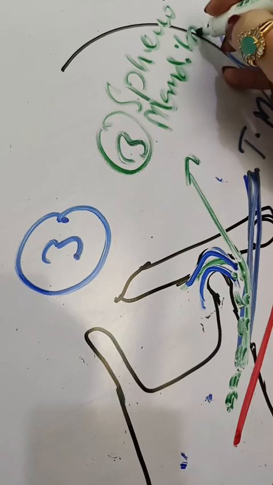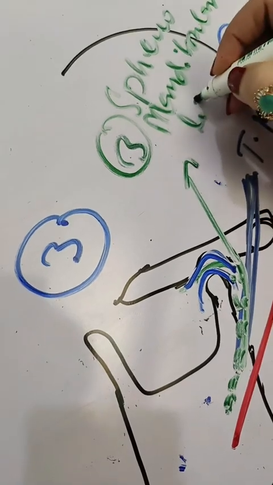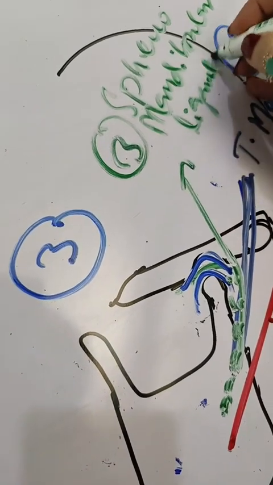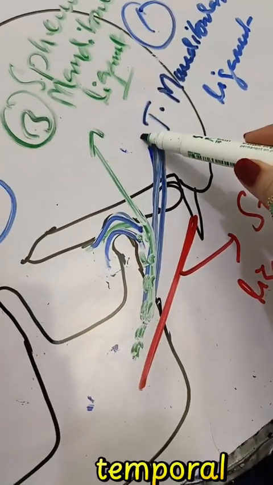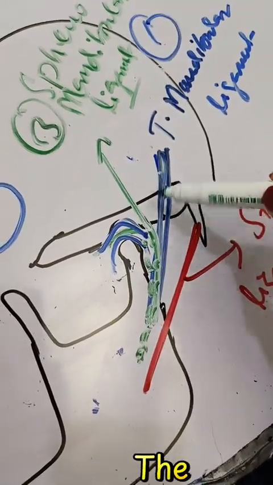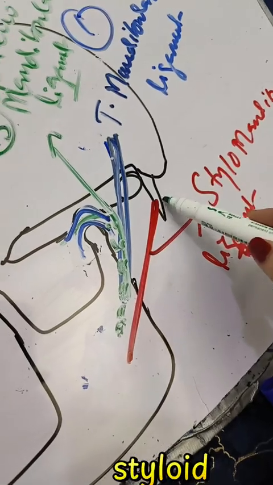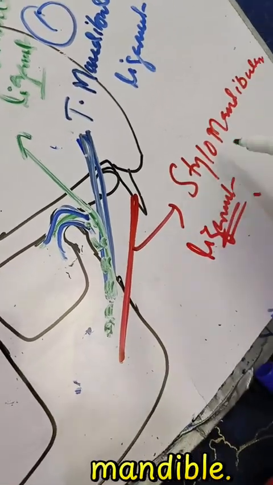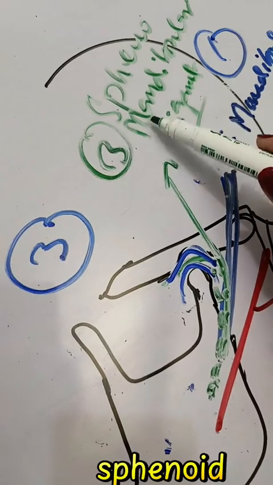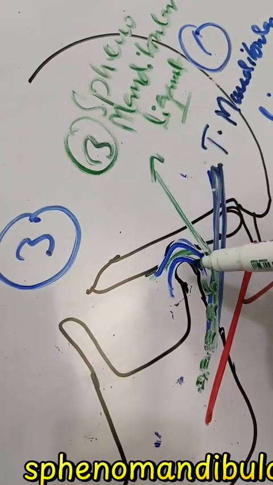From temporal bone towards the mandible, the temporomandibular ligament. From styloid process towards the mandible, stylomandibular ligament. From sphenoid bone towards the mandible is the sphenomandibular ligament.